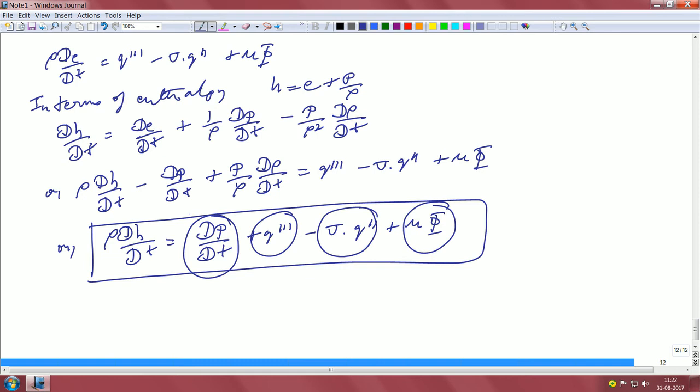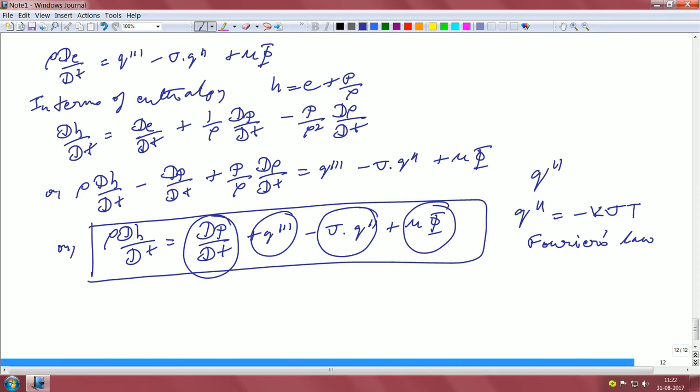Now, to get rid of this q double prime, there is a ready-made avenue in the conduction literature, called Fourier's law. It gives q double prime as minus k into the gradient of temperature. This is known as Fourier's law.